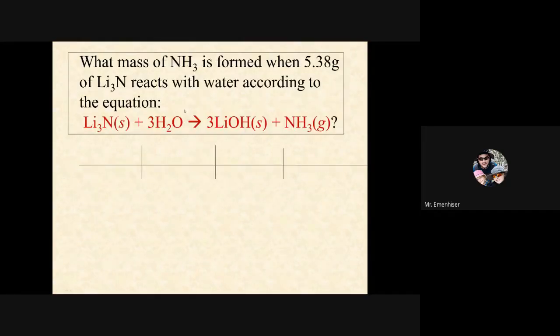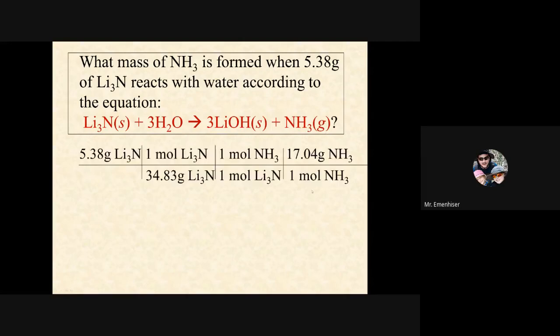Yeah, so this is kind of stoichiometry. The trick with stoichiometry is that you're given information about one reactant and then asked to find something else. So we're given the mass of lithium nitrate right here, and then we want to know how much of this is produced. So let's see how we would do this one.